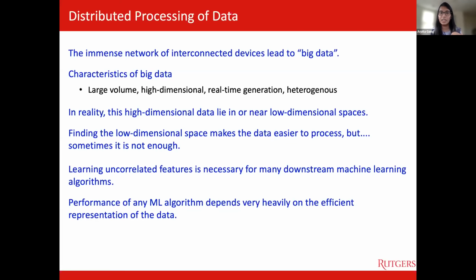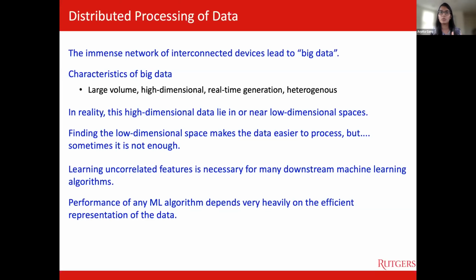But in reality, if examined closely, we usually find that although the raw data can have high dimensions, by that I mean that although a raw data sample can be represented by many features, actually the data samples lie in or near low dimensional spaces, which means that usually a smaller set of features can explain the data very well, and we don't probably need that many features to know the characteristics of the data or data samples.